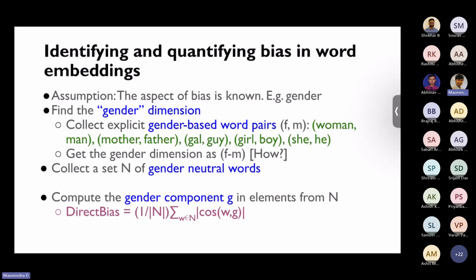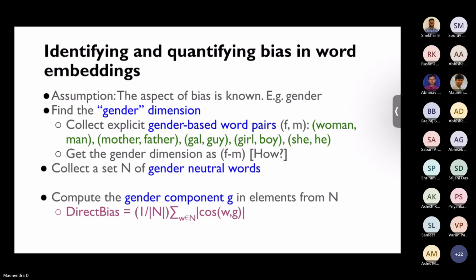For those words, you see their projection length on the gender dimension, take their average, and whatever is the final value that you get represents the direct bias in terms of gender existing in this learned model. So if you have 10 different learned models, you can see which one has the highest gender bias according to this. This is how we can quantify the bias.